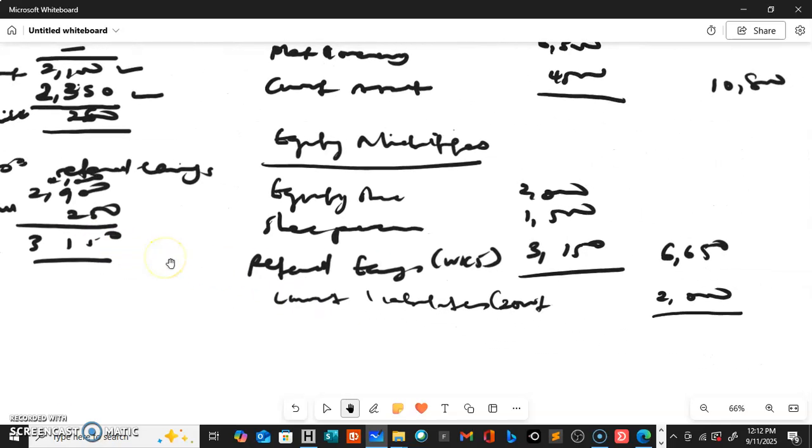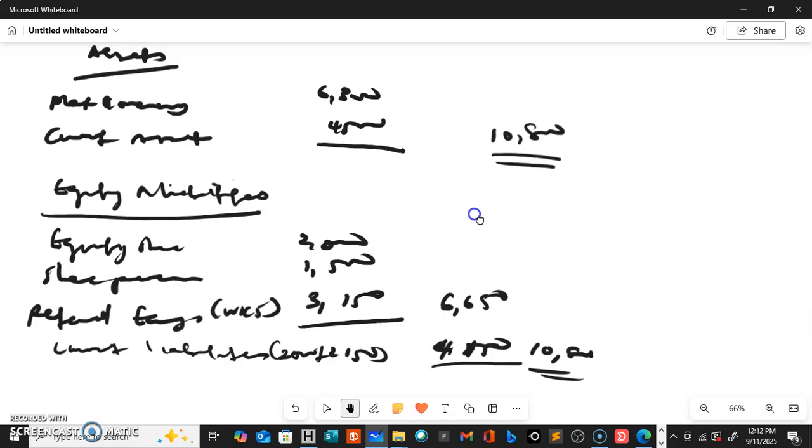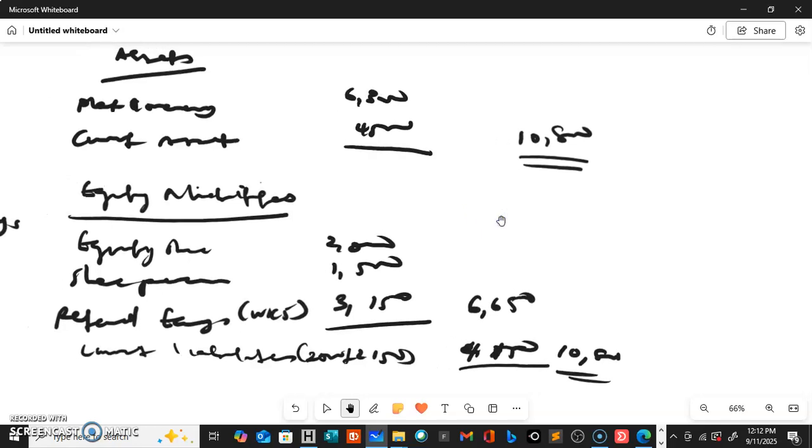So plus 2,150, this will give us 4,150. At the end of the day, we have 10,800. So the account is balanced. We have a balanced account of 10,800, that is 10,800,000 based on what we have here. So you can see that the account has balanced. This is how you're going to treat your group account.